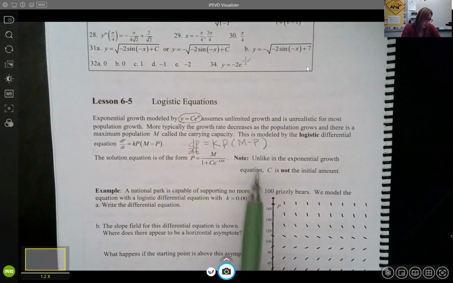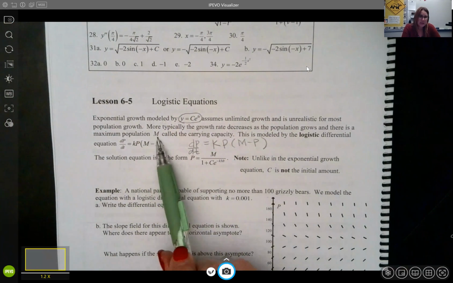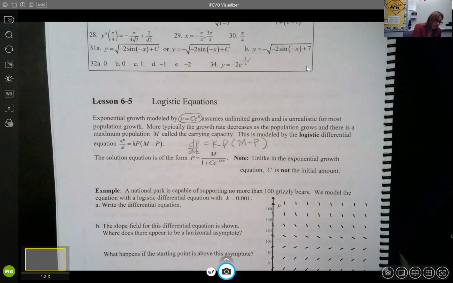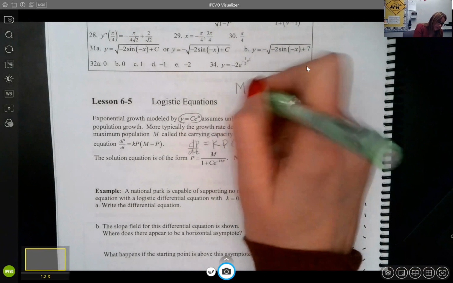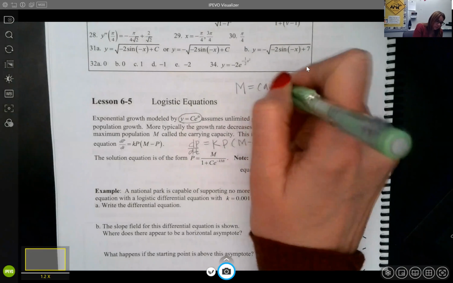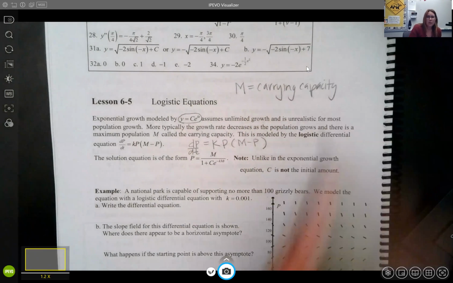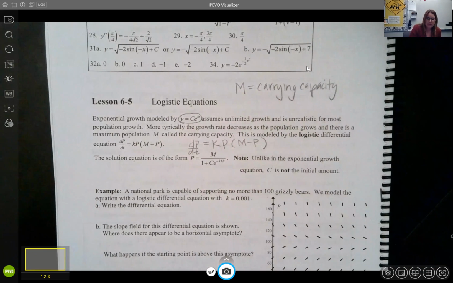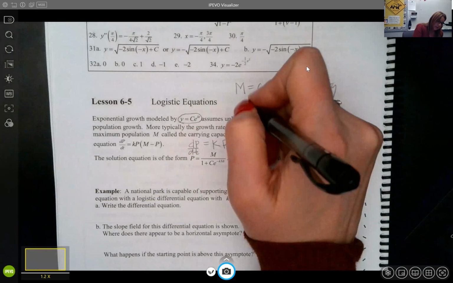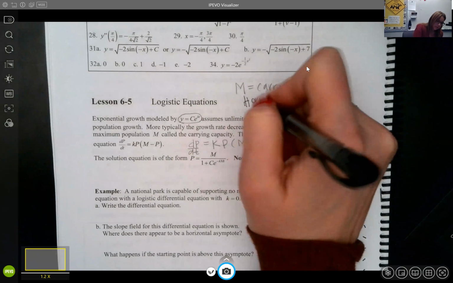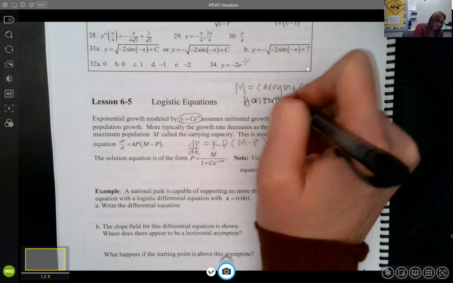So the M is the carrying capacity, okay? M is the carrying capacity. And what the carrying capacity represents is, if you think about something that levels off, it's a horizontal asymptote.